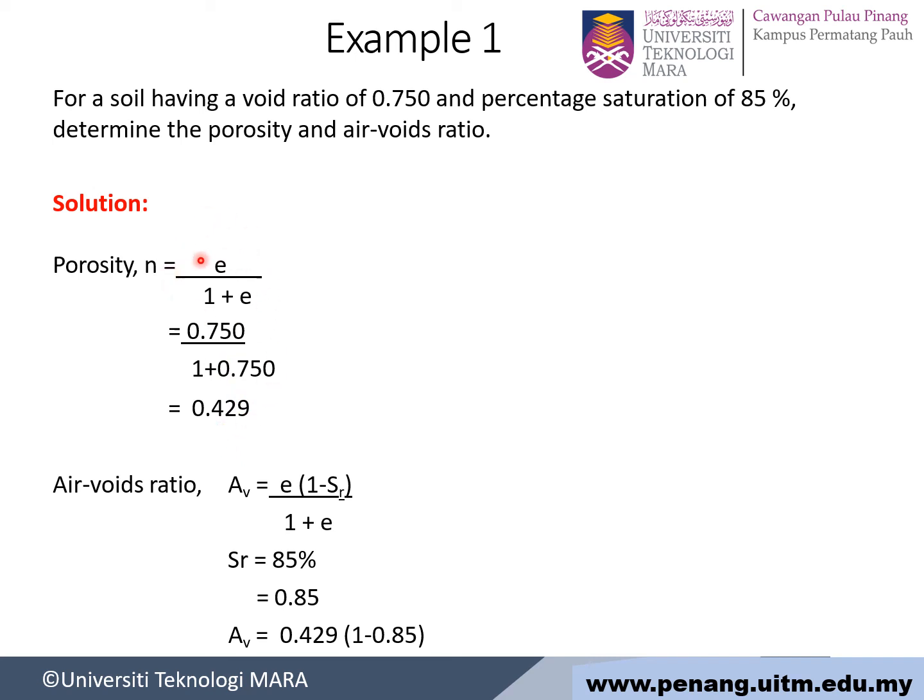Using this equation, air void ratio, Av, is equal to e times 1 minus Sr over 1 plus e. Sr is 85%, so 0.85. So Av is 0.429 times 1 minus 0.85. So what is the answer?